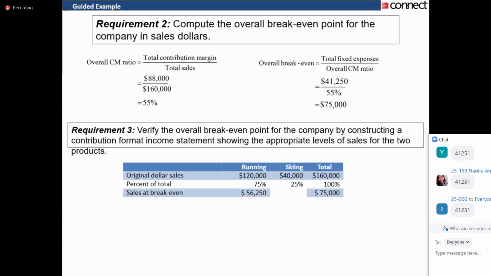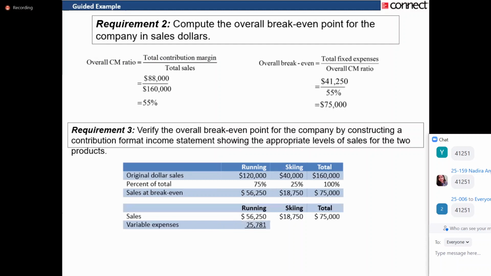We applied 75% on 75,000 to get the break-even sales for running, and similarly for skiing. Then we applied the variable expense relationship from the existing information to get the variable expense numbers. After applying the variable expenses, we get the contribution margin this way.